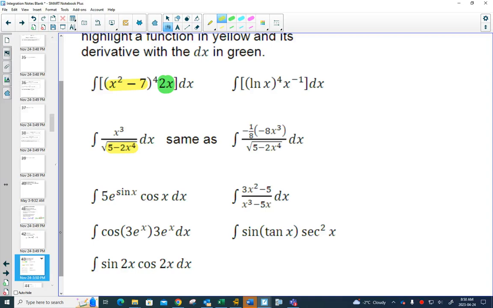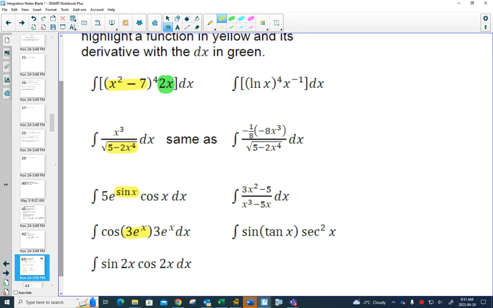Yes. The sine x is inside of e. It's inside of e to the x. Fourth one. The 3e to the x is inside of cos.